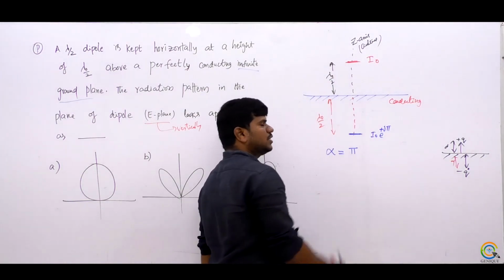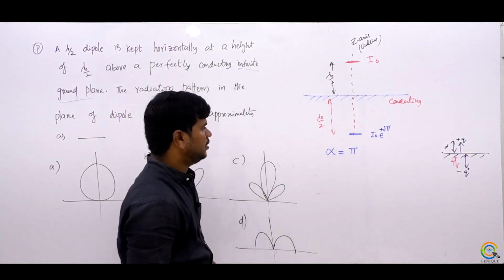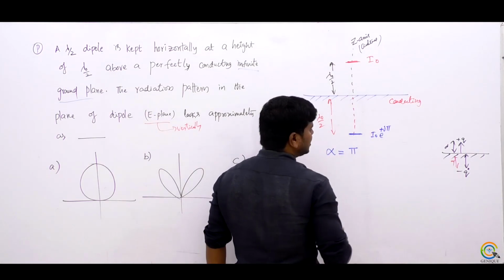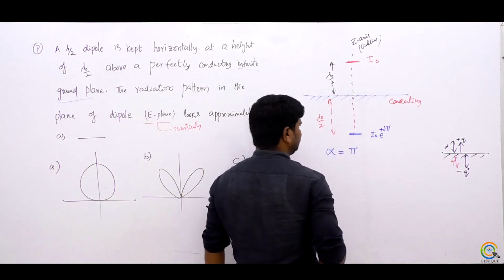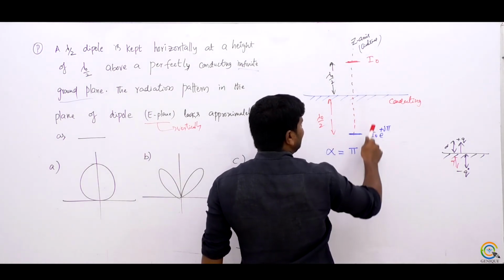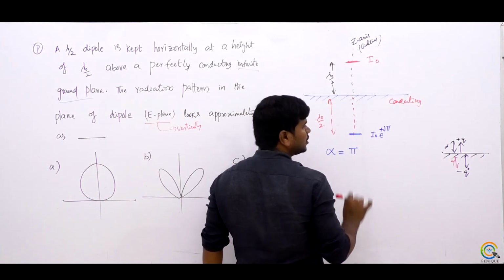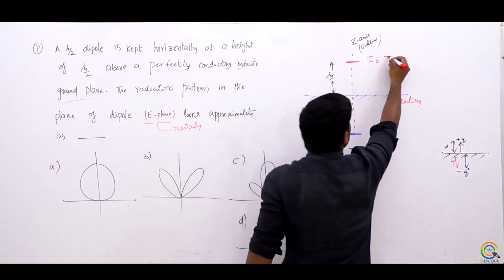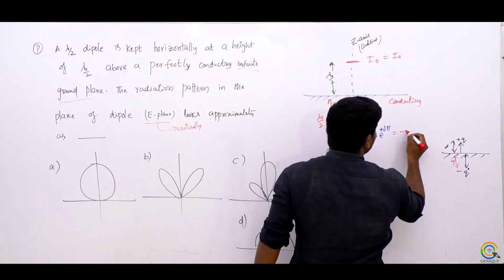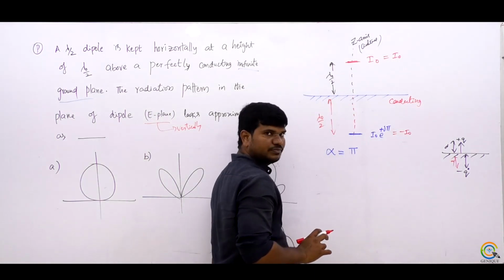It is an induced current element. So alpha is pi, because there exists a negative charge here. If the current here is I naught, then the image is minus I naught. The meaning of this is this.